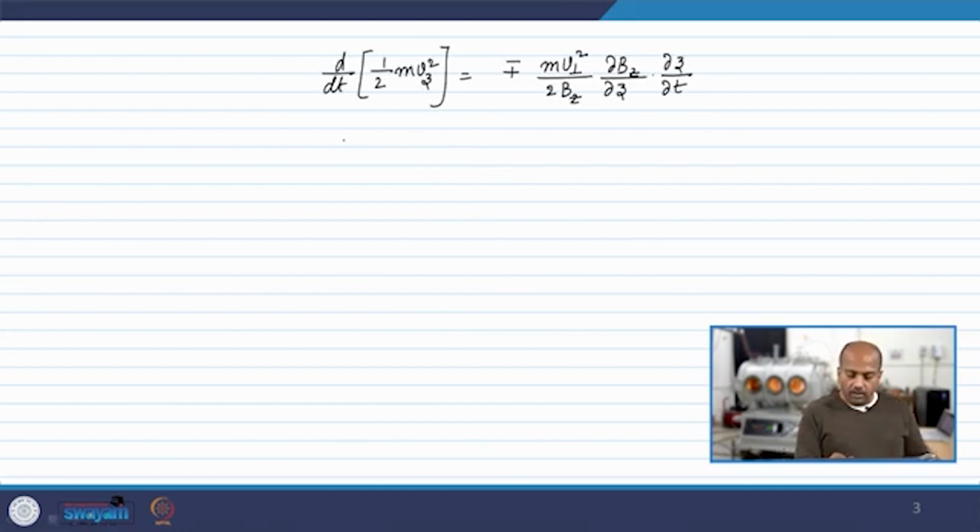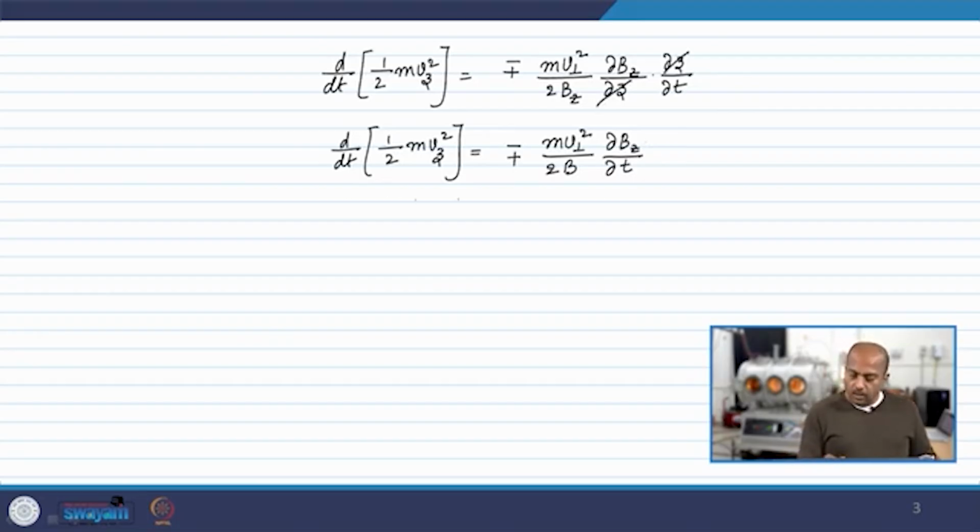So now I can write, dz gets cancelled, so d/dt of half m Vz square is equal to minus plus m v perpendicular square by 2B into ∂Bz/∂t.